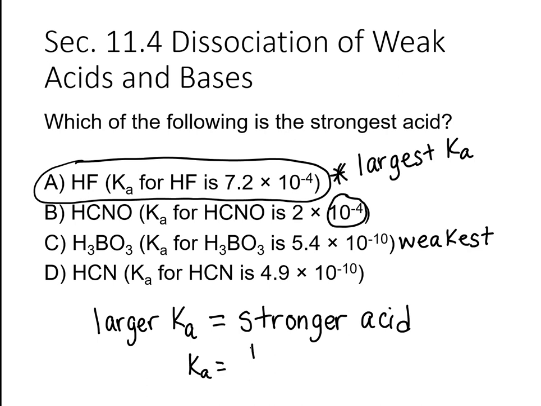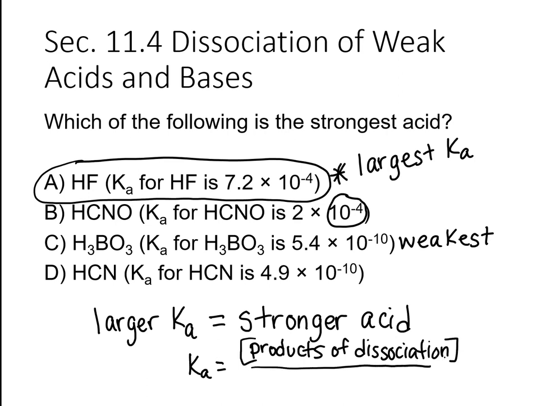Your Ka is equal to the products of dissociation, the concentration of those products. So it would be your hydronium and your conjugate base over the concentration of your acid.